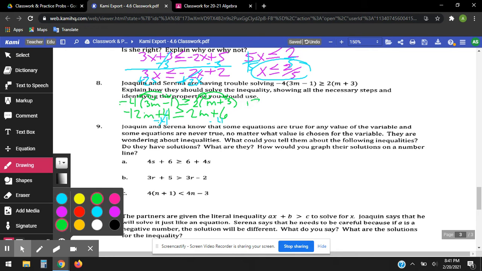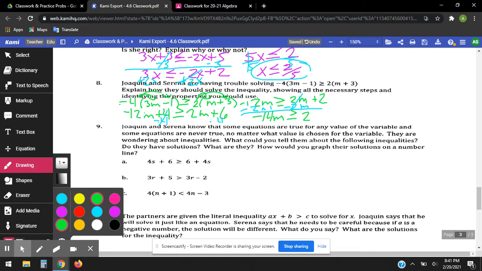That leaves me negative 12m is greater than or equal to 2m plus 6 minus 4, so plus 2. All right. Now I need to get the 2m moved over. So minus 2m. Make sure I keep my negative there. Those cancel. That gives me negative 14m greater than or equal to 2.